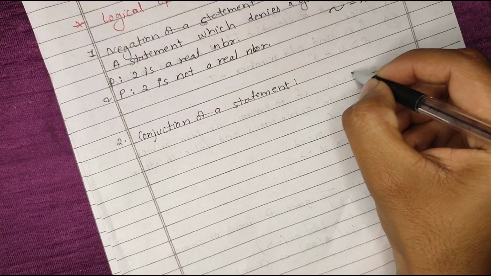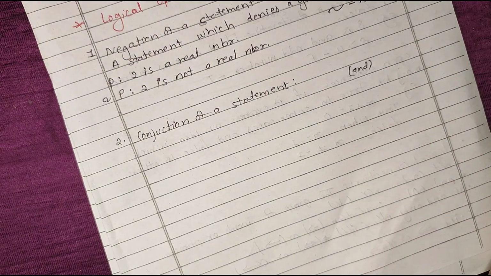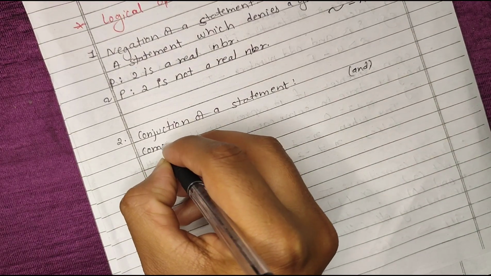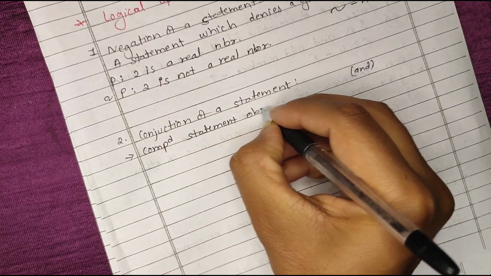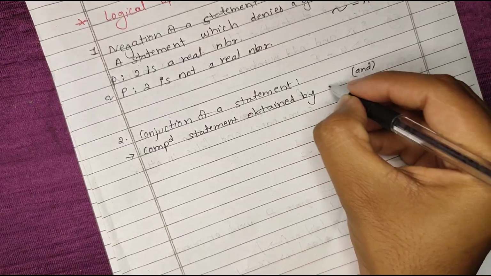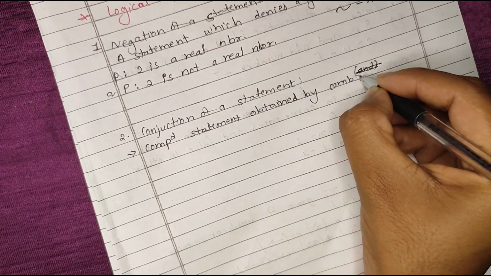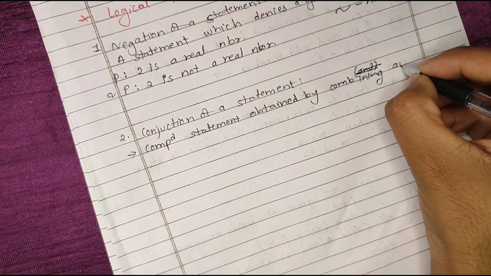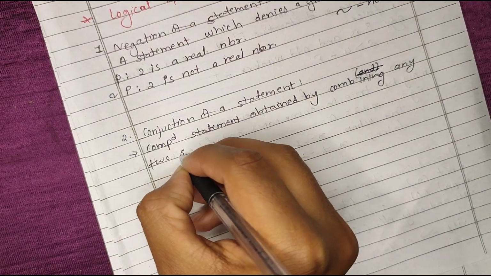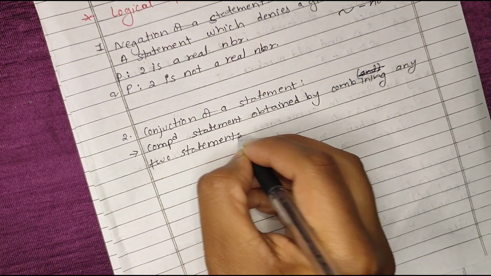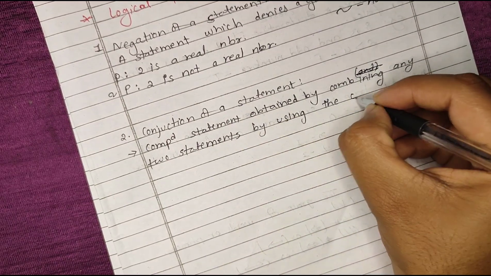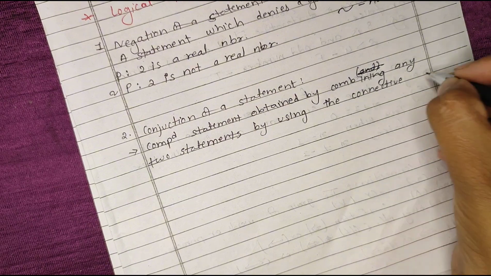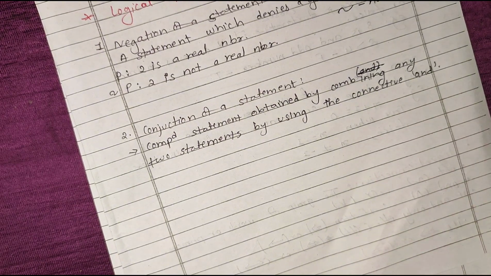If we use the and connective, then we call it conjunction. A compound statement obtained by combining any two statements by using the connective and. If we use and, then it is called conjunction. If we use not, then it is called negation.